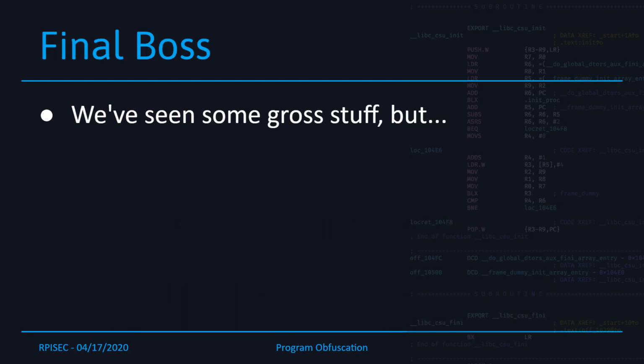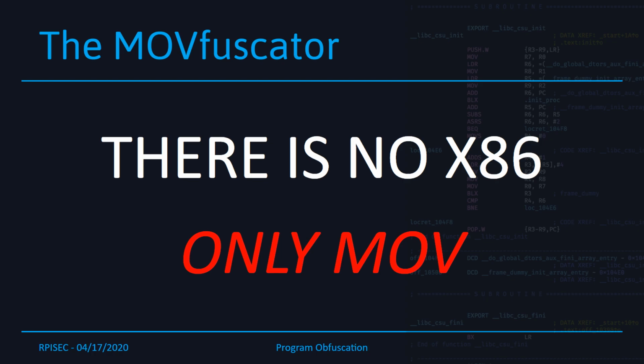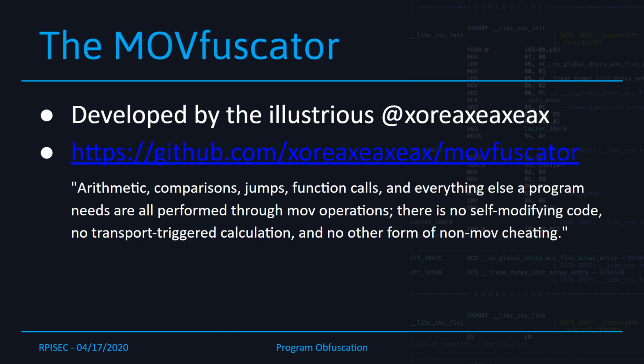So, we've talked about malware, we talked about DRM, we talked about a nice, respectable, useful, academically interesting piece of software. But there is no x86, only move. This is the infamous MOVfuscator, developed by the illustrious Xoreaxeaxeax.